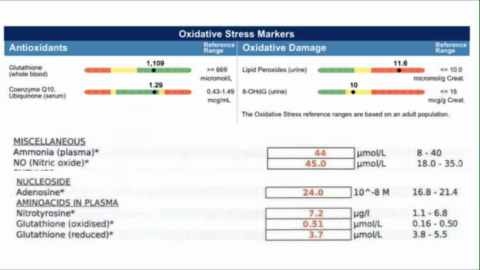So this person reached out to me, and that's when I started noticing that people can be having high glutathione levels in their whole blood, but then also very high lipid peroxides, and that just doesn't fly. That doesn't match up. And this particular person also had a plasma glutathione level checked, and you can see overall it's low.